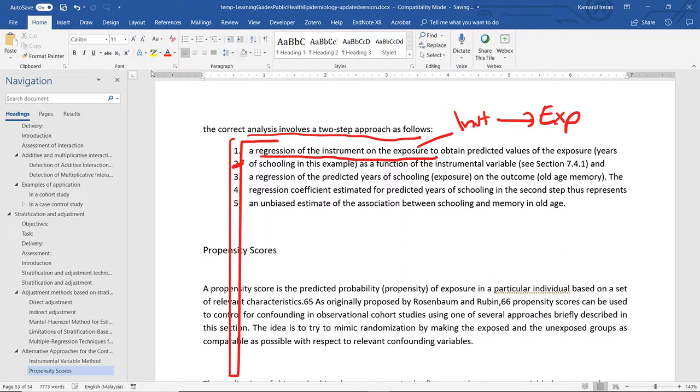Number 2 is a regression of the predicted years of schooling on the outcome. So the regression coefficient estimated for the predicted years of schooling thus represents an unbiased estimate of the association between schooling and memory in old age.